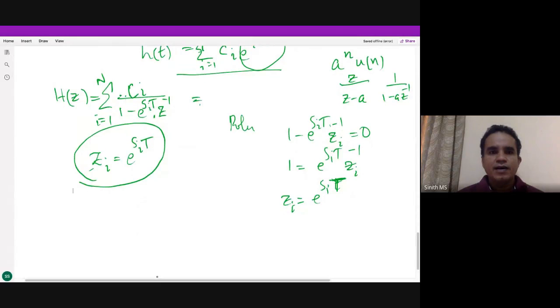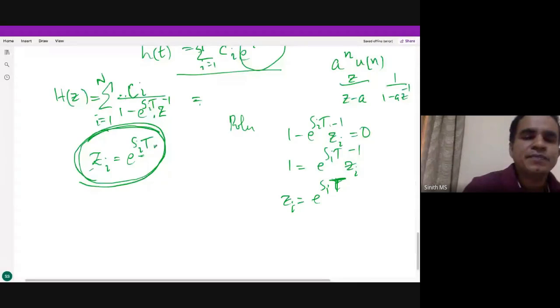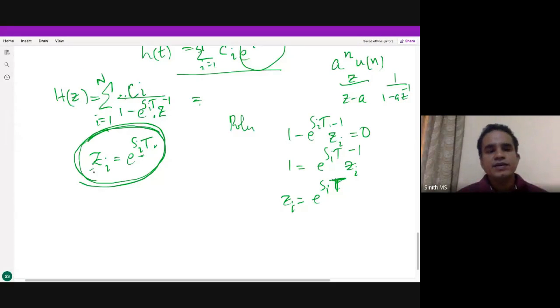And hence, in this transformation, for each of the poles denoted by si, you do e raised to si T, where T is the sampling time period. e raised to si T gives you each of the poles in the z domain, and just substitute in the new z-transform, where you can get H(z) directly.